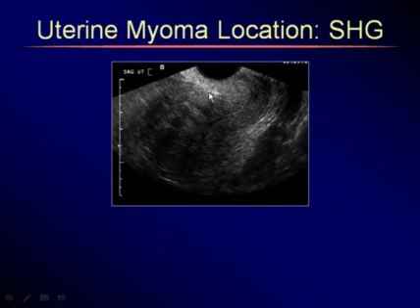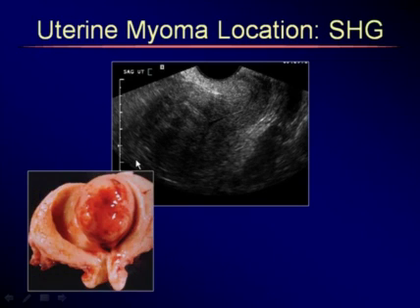Now, sometimes you can't tell. There's a fibroid here. It's difficult to tell how much of it is really in the cavity. Is it in the cavity at all, or is it just displacing the cavity? And in that case, one wonders, is it maybe completely in the cavity? The cavity comes here and then it splits and then the myoma's in the cavity?